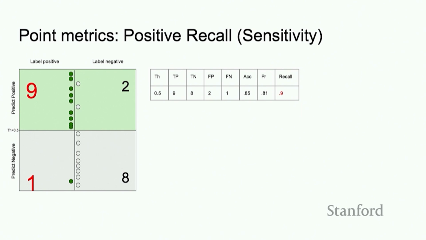So in this case, say there were a total of 10 positive examples. I'm counting the examples on the left half of the confusion matrix. Sensitivity is measuring the top number, 9 divided by 9 plus 1. So the sensitivity here is 90%, because we were able to recover 9 out of the 10 positive examples.